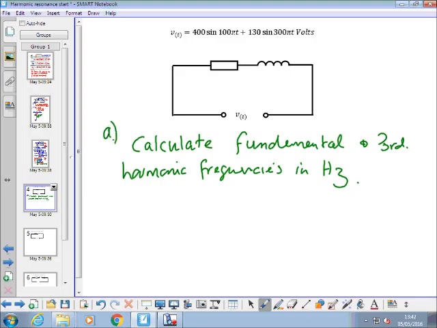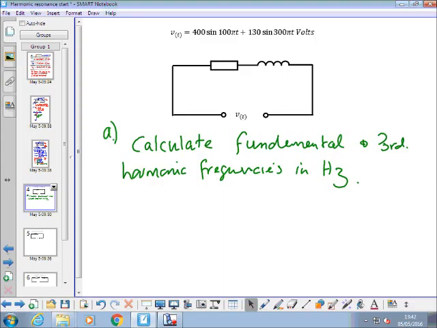How would we do that? Is that the resonant frequency formula? No. At the moment we've got two. What have we got in there as far as frequency is concerned?